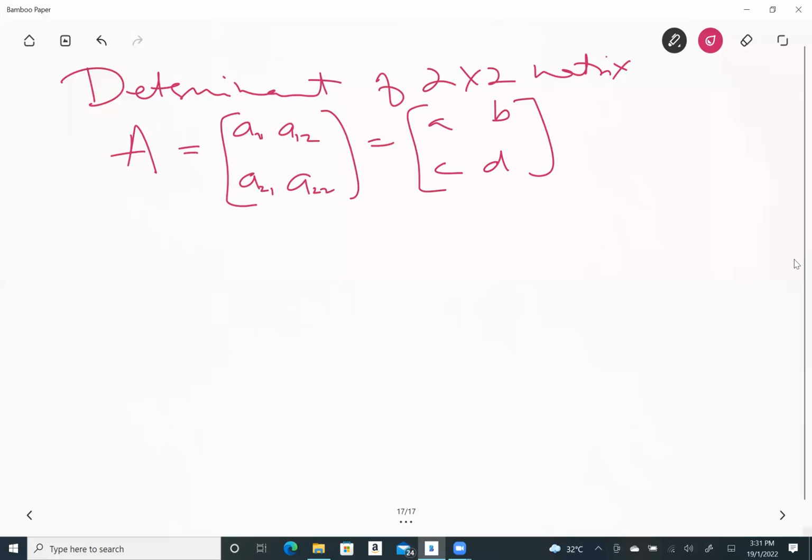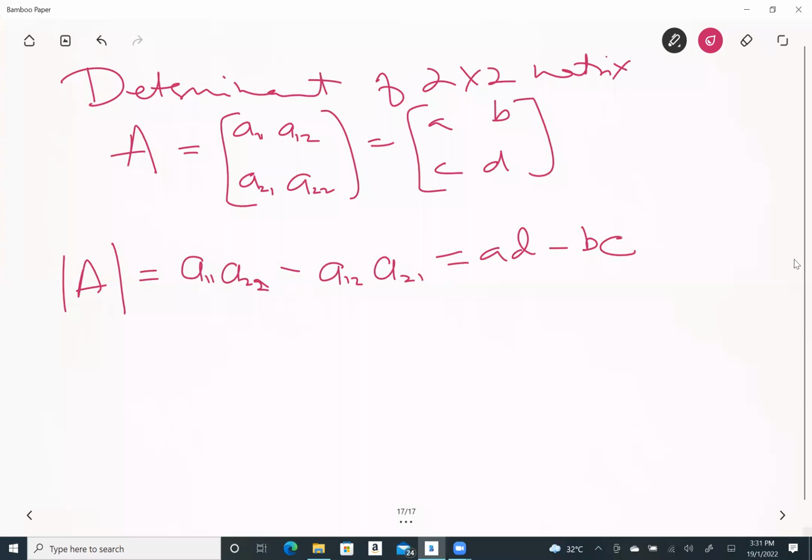So ABCD is also fine. Either way, the determinant of A is equal to, we just multiply A11 with A22, and then subtract A12 times A21. Or in terms of ABCD, it's AD minus BC. So that is the determinant of a matrix A, 2x2.